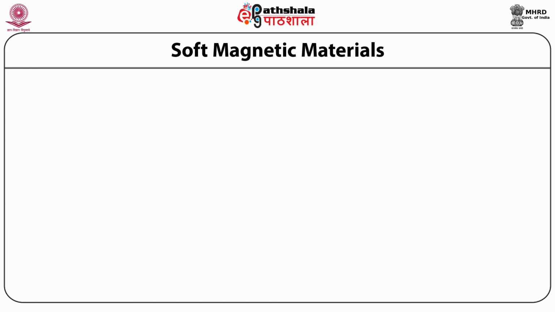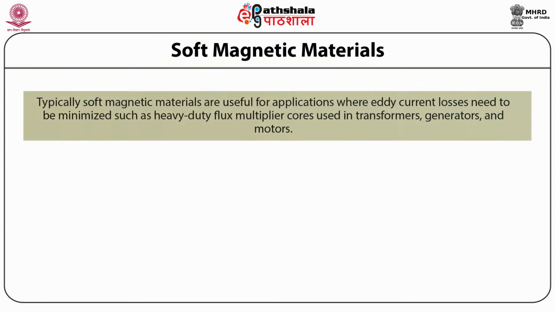Soft magnetic materials. Typically, soft magnetic materials are useful for various applications where eddy current losses need to be minimized, such as heavy-duty flux multiplier cores used in transformers, generators, and motors.